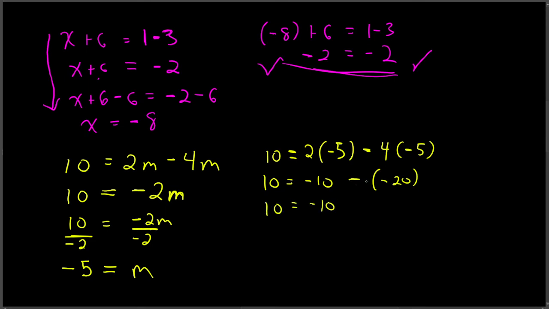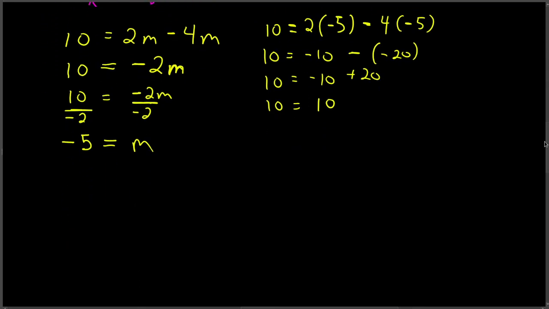But a subtraction of a negative becomes positive, and 20 plus negative 10 is 10. So we have this ability to find solutions to equations or variables in equations if we undo all the steps. Let's do some more and look at the different patterns that can come out of this.